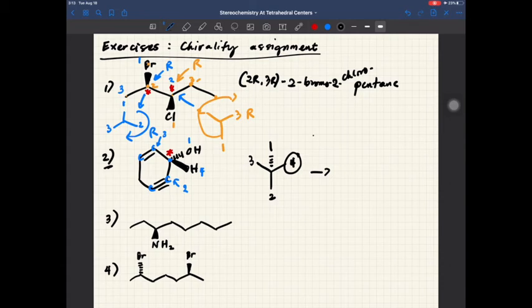So rotate this one like this, and substituent number 1 would be here, substituent number 3 would be here, and substituent number 2 would be here. And finally, your 4th substituent is at the back. So I just rotate it in this direction to get to this type of orientation. So when you get to this orientation, you can assign the relative configuration of your compound.